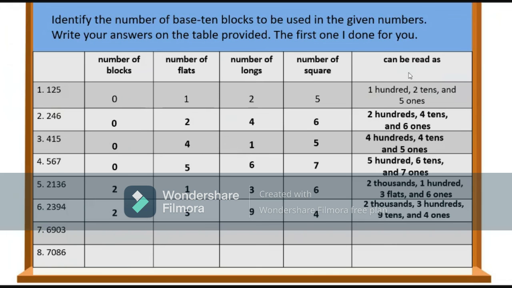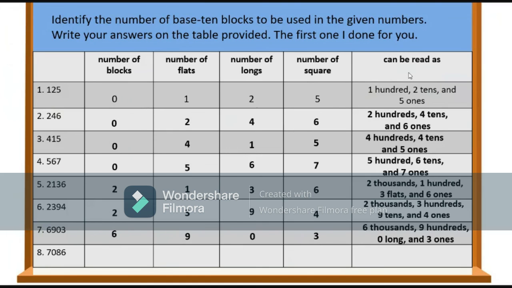Next, number 7. Okay, we have 6,903. So we have how many blocks? We have 6 blocks. Okay, 9 flats, 0 longs, and then 3 squares. So we read as 6,900, 0 longs, and 3 ones.